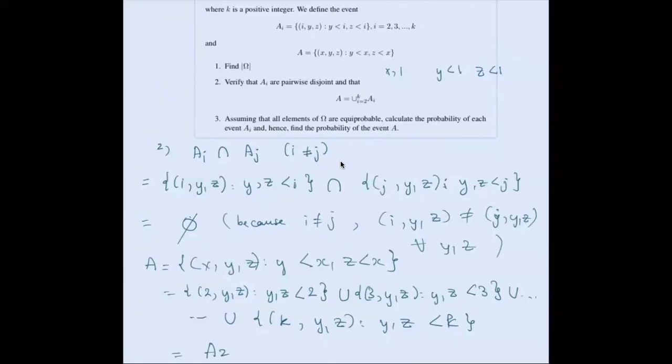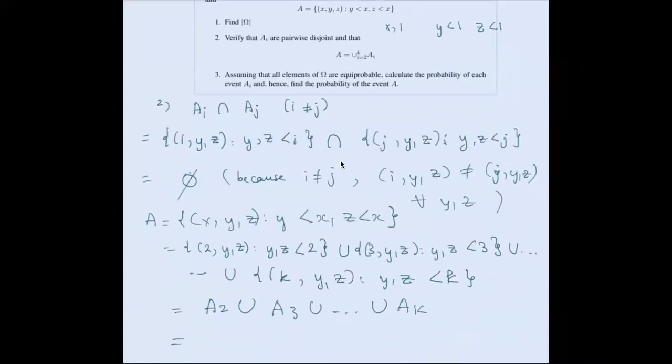Because if you match it with this definition, A_i consists of tuples starting with i, with y and z smaller than i. So here it consists of tuples starting with 2 and y and z smaller than 2. Then the next set would be A3, and the last set would be A_k. You can write this in the notation A_i such that i ranges from 2 up to k.